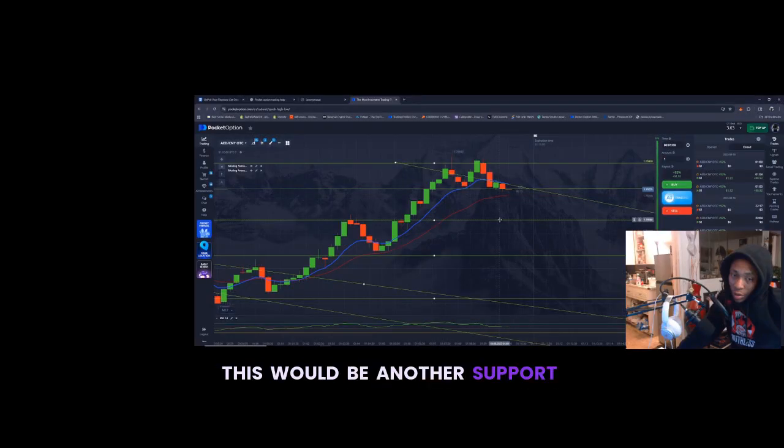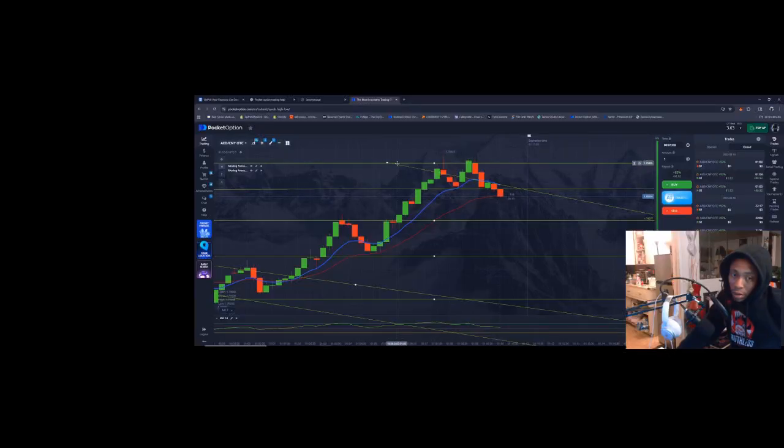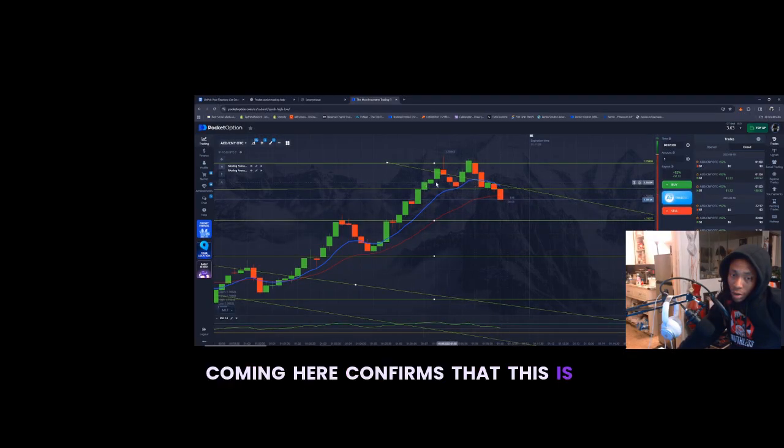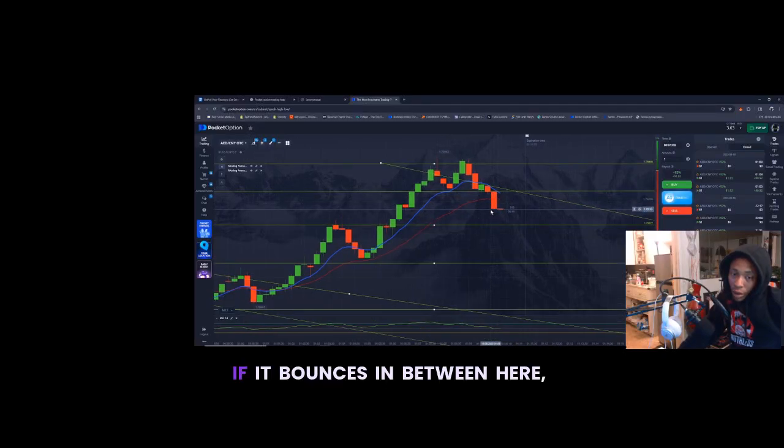Down here, this would be another support, and this would become the new resistance. So this triangle right here, coming here, confirms that this is consolidation. If it bounces in between here, this is still consolidation.